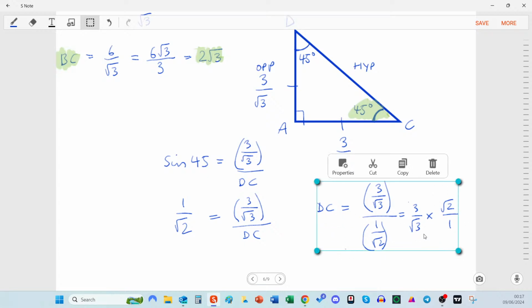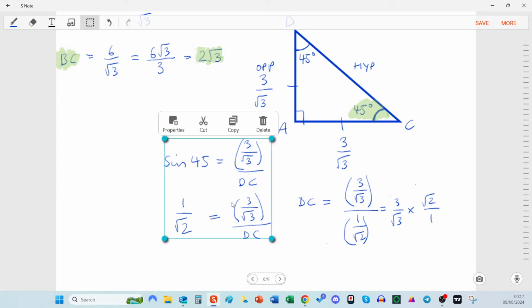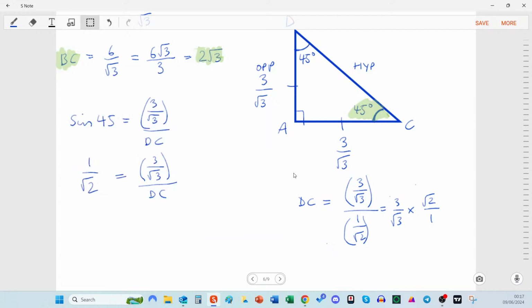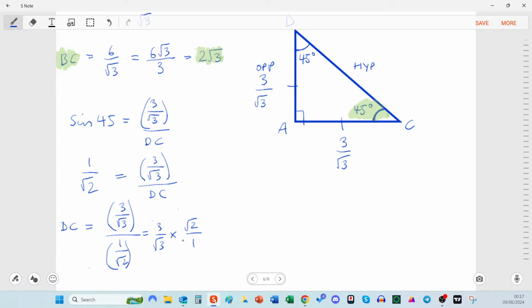So distances are getting pretty sticky here. I'll try and move this to a position that's a bit easier to work with. All right, so what cancels? Nothing much. This is 3 root 2 over root 3. We can do the whole square root of the 2 over square root of 3 thing and put it under 1.